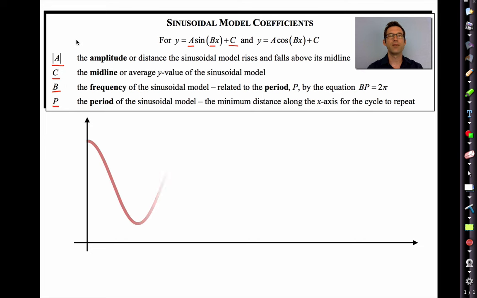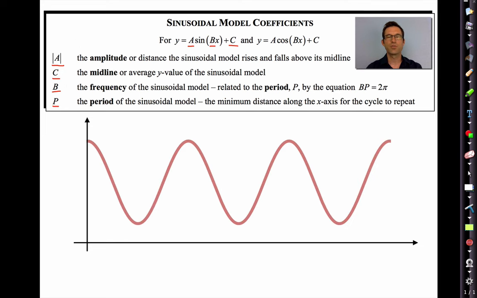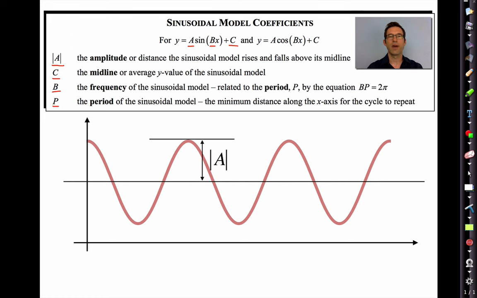Now remember, the whole idea is that we've got some sinusoidal curve, a midline that splits it, and an amplitude, that's how much the curve rises and falls above the midline. Then we've got the midline, just how much the average value is above 0 or below 0.